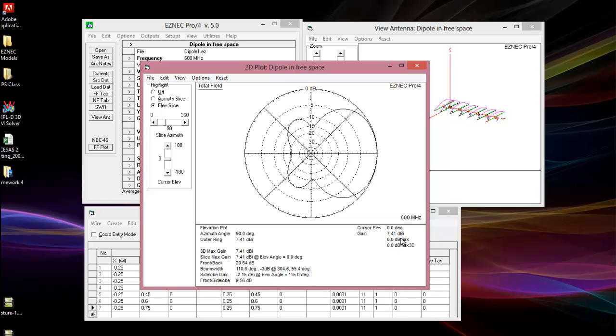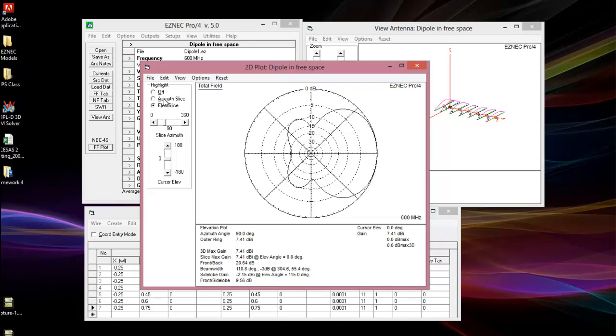Okay, so we can see that the maximum is 7.41 dB, and this is in the elevation plane. In this case, it's gonna be the E field. When we calculate, we're gonna calculate the E field and H field, that's what the problem asks you.